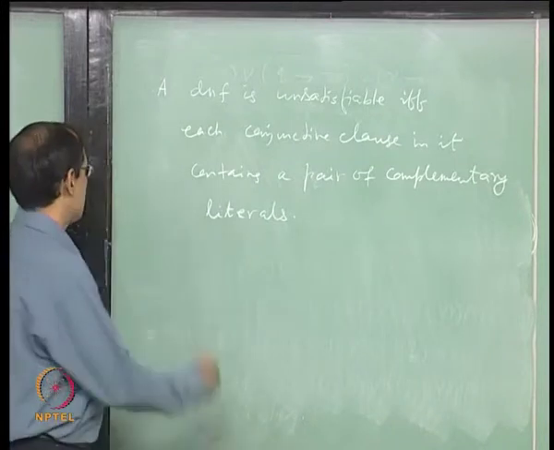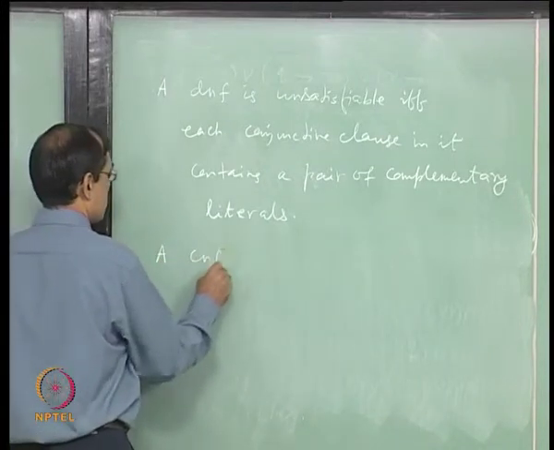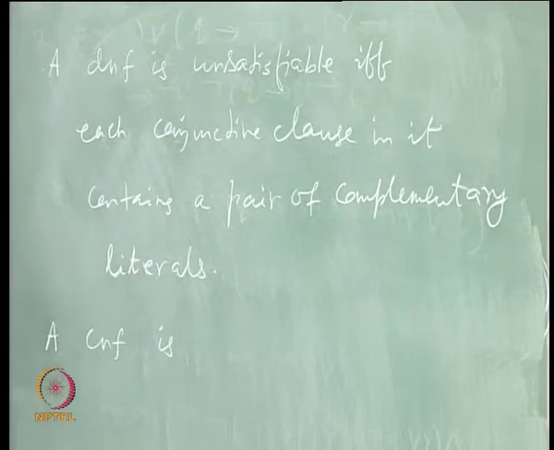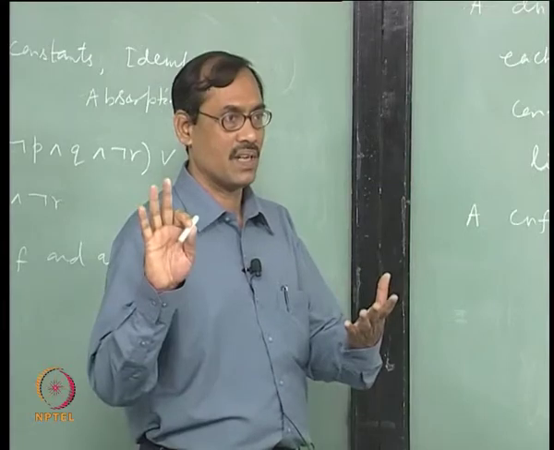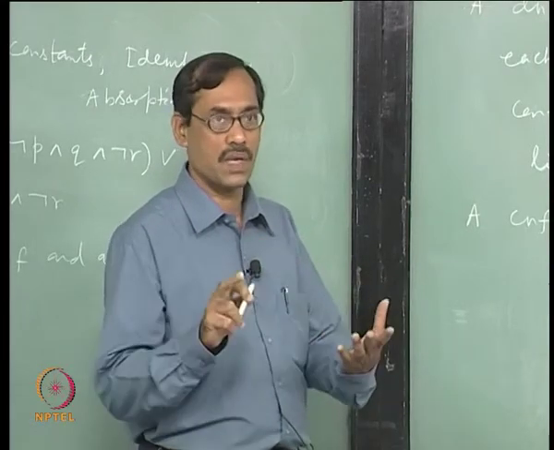right. The same way you can say a CNF is valid, because you take a CNF, so consider a disjunctive clause in it, that clause is having a pair of complementary literals p and not p and then some other r's. So, that p or not p becomes top.